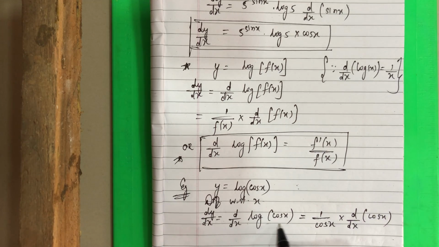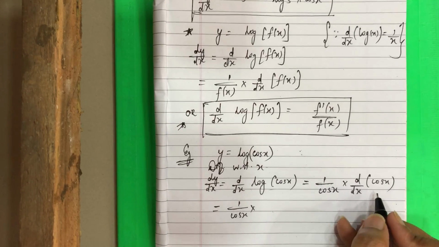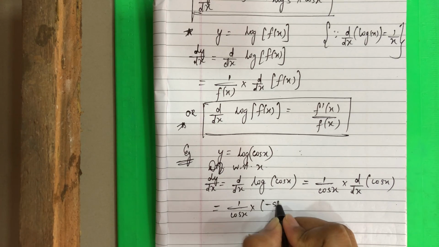This is the function here. So 1 upon cos x into the differentiation of cos x is minus sine x.